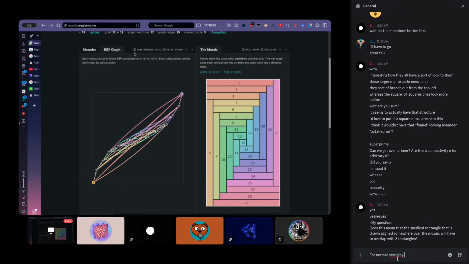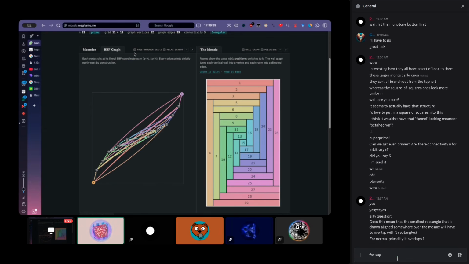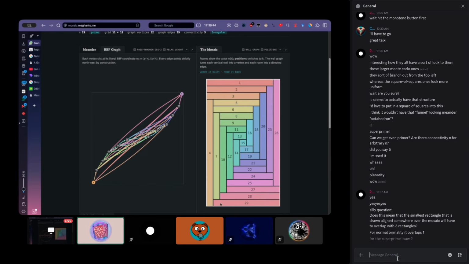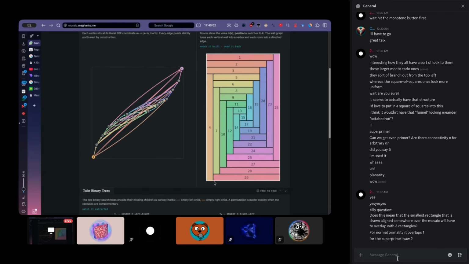The smallest rectangle that is drawn aligned somewhere over the mosaic will have to overlap with, well, kind of, not really. Yes, that is definitely the case. No, not in the bottom layer.